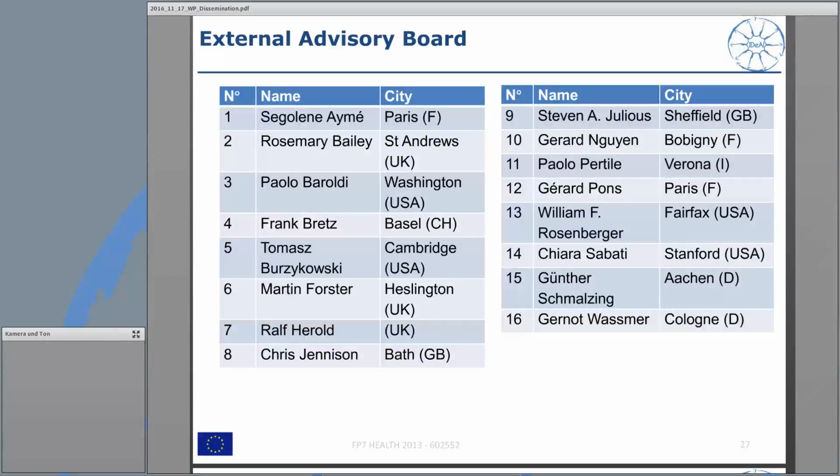And also, I would like to thank the very enthusiastic external advisory board. They stimulate a lot of discussion within the project. They stimulate a lot of ideas, and they bring a lot of ideas from the patient perspective, from the clinical perspective, from the math perspective.